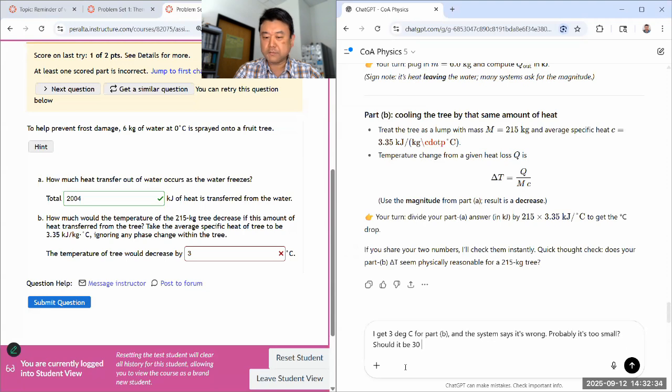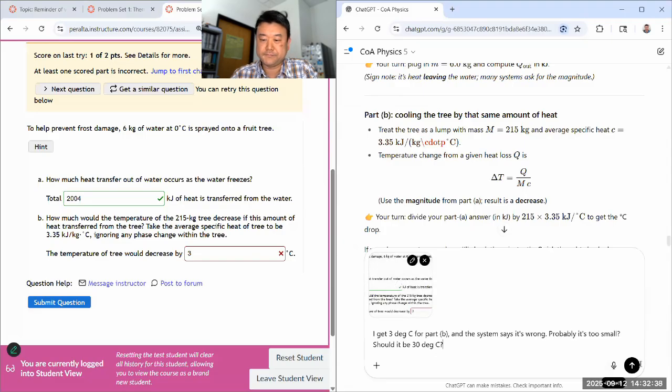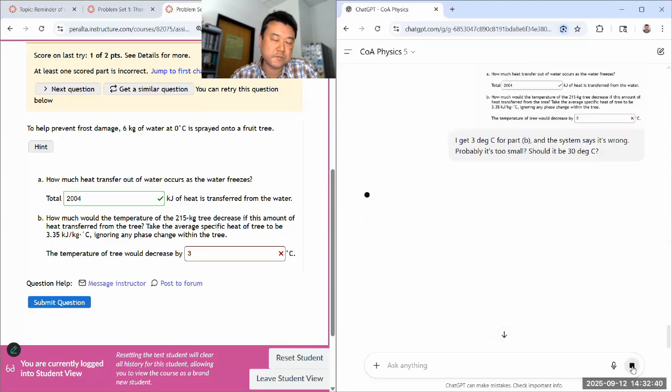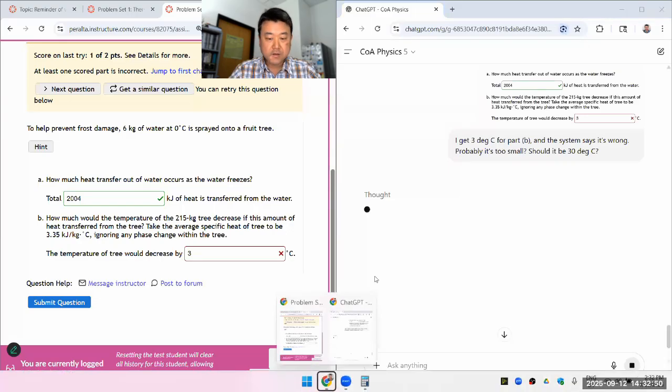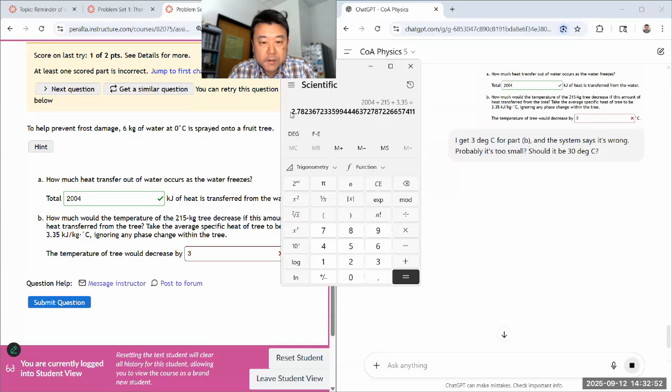Should it be 30 degrees? It should correctly spot that this is too aggressively rounded, and it'll tell you to put in 2.78 or 2.8. Would the 2.8 be graded as correct? 2.8 should be graded as correct.